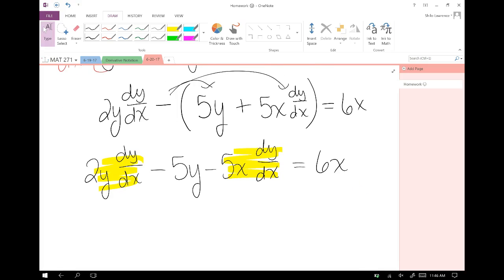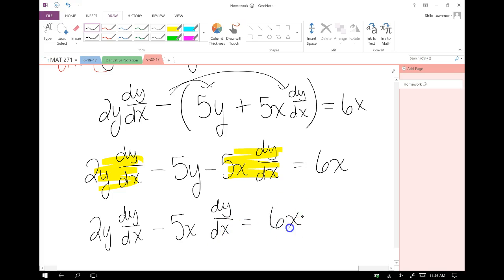Step number 2 was to collect all dy dx terms on the left and anything that doesn't have dy dx on the right. Because if dy dx appears multiple times, we want them all together so that we can factor it out of them and then only see it once.